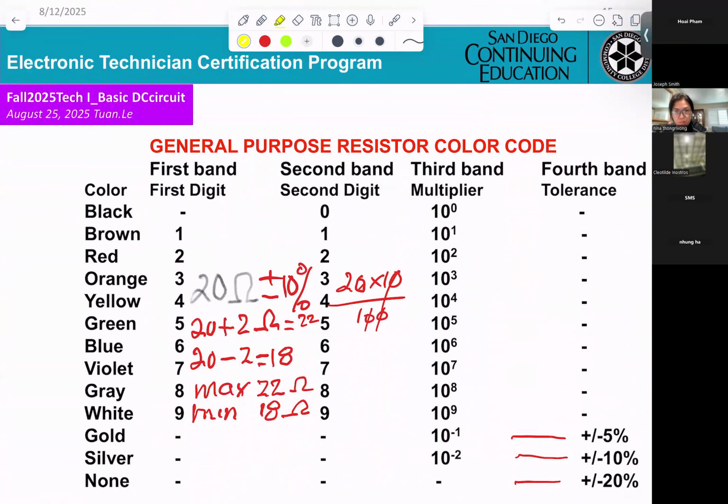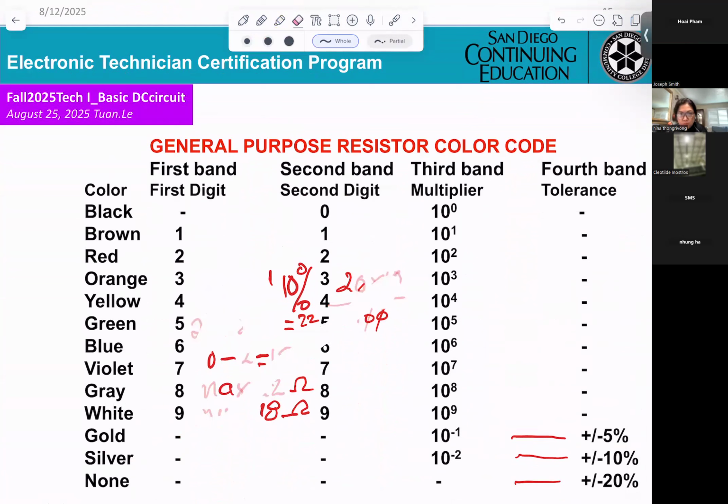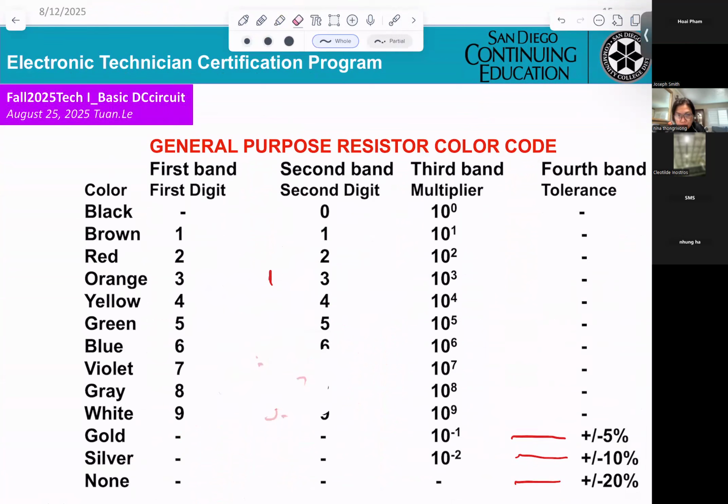And in here, this is the general purpose resistor color code. That means the first digit is the first band. Second digit, second band. And the third one will be the multiplier.